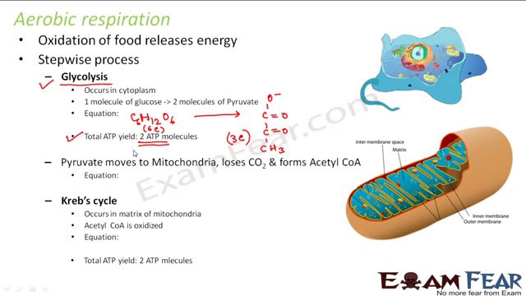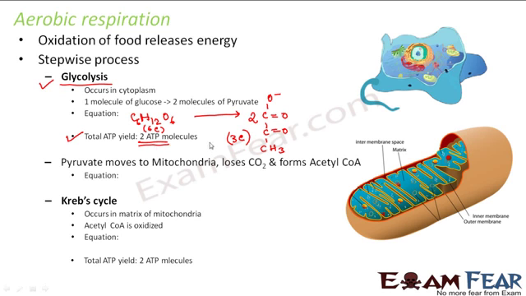So the first step in aerobic as well as anaerobic respiration is that glucose, a 6 carbon compound, gets converted into a 3 carbon compound. One molecule of glucose gets converted into 2 molecules of pyruvate. So the compound became a little simpler, right? And at the same time, some energy is also released, that is, 2 ATP molecules.